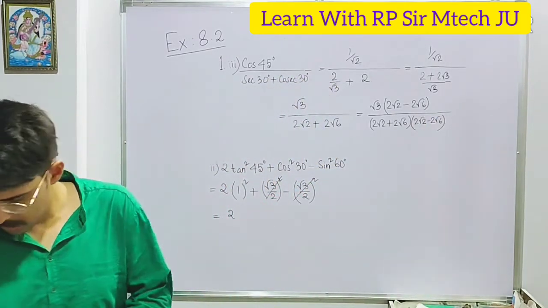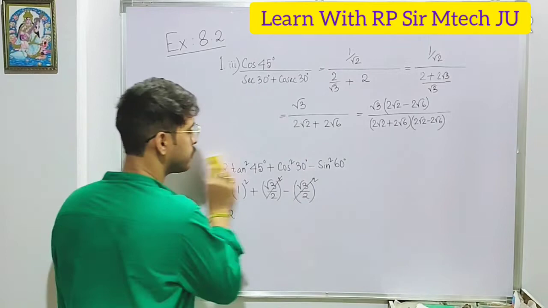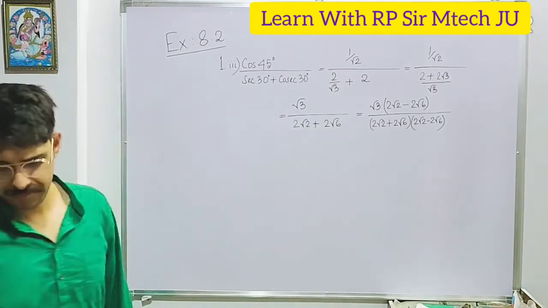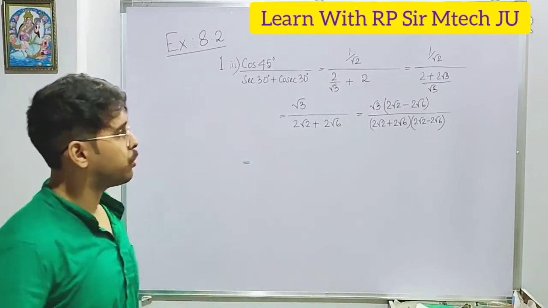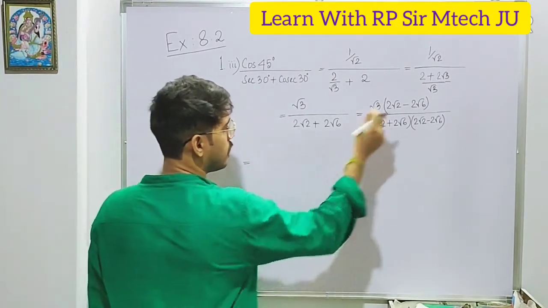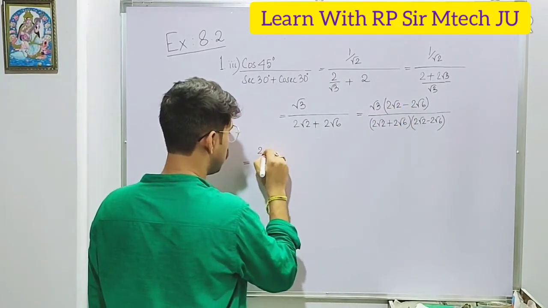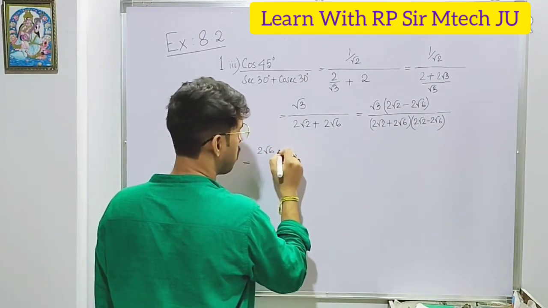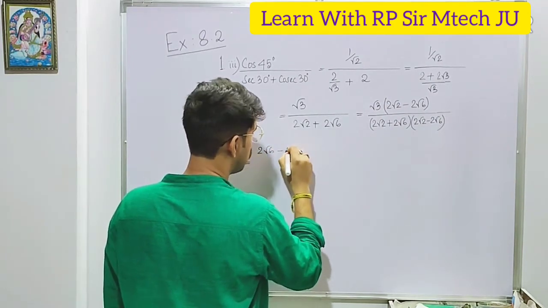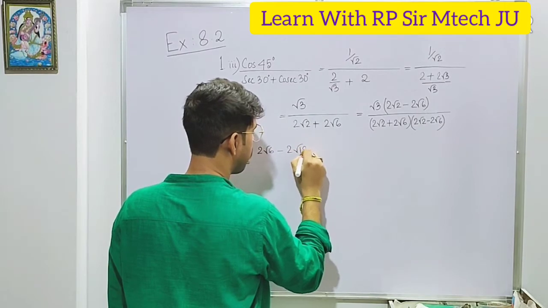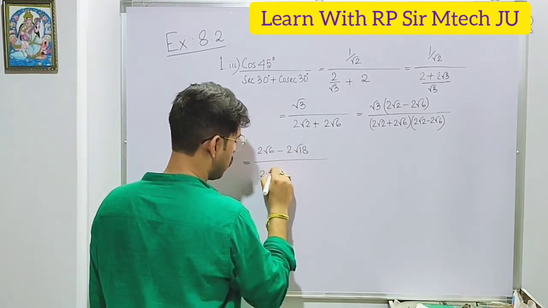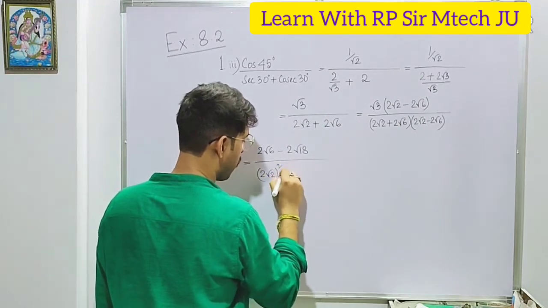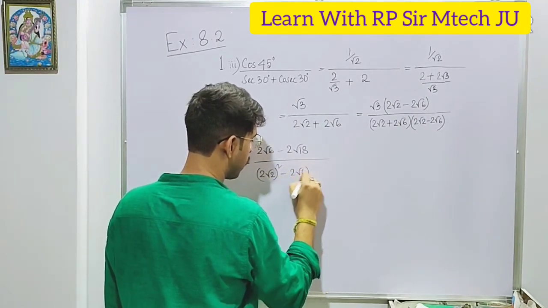Okay, so now what happens? Here we are getting 2 root 6 minus 2 root 18, and here we are getting 2 root 2 whole square minus 2 root 6 whole square.